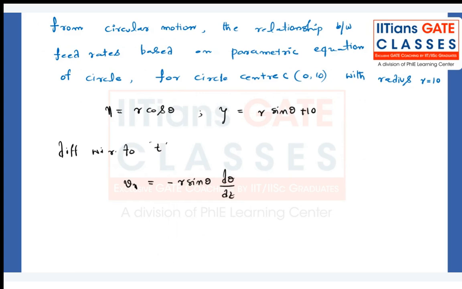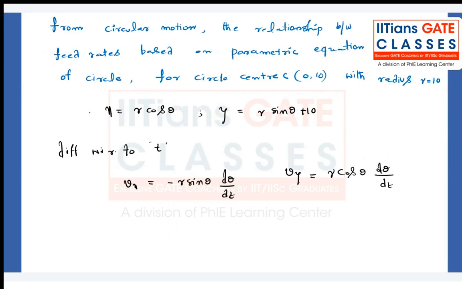Differentiating r cos theta with respect to t gives minus sin theta. Similarly, Vy is equal to r cos theta times d theta by dt, right? Here 10 is a constant, so its derivative is going to be 0. Hope you understand, guys.